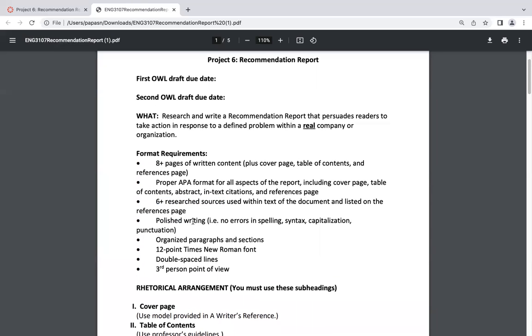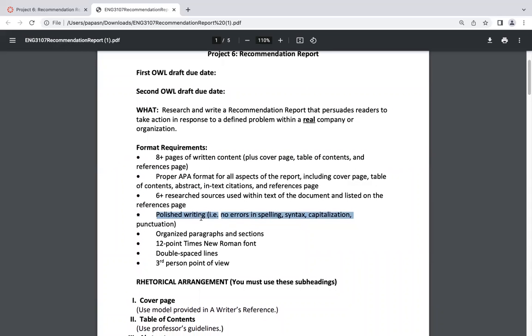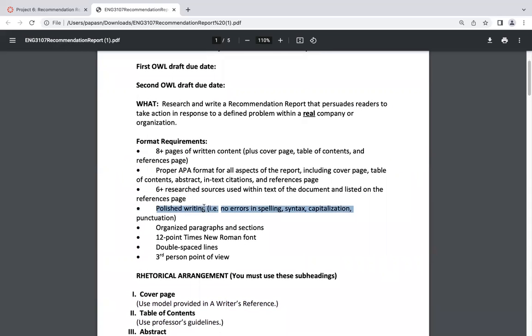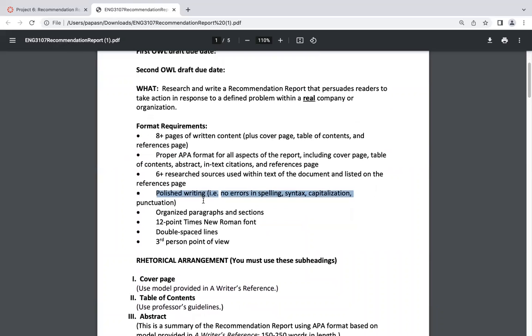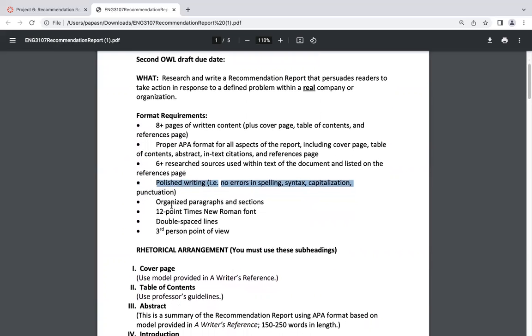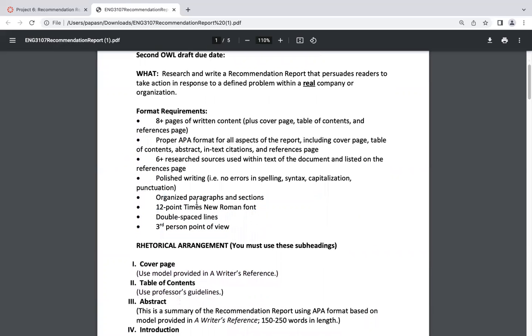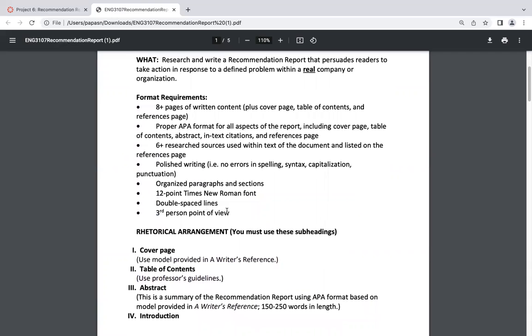Obviously, polished writing. This is a big project, and it goes through a few drafts with OWL, and you expect that the final draft will be something that is polished, with no errors in spelling, grammar, etc. I think the other pieces I don't even need to read out loud, but we have them here.